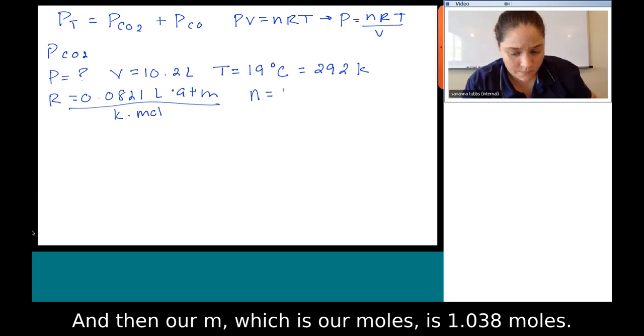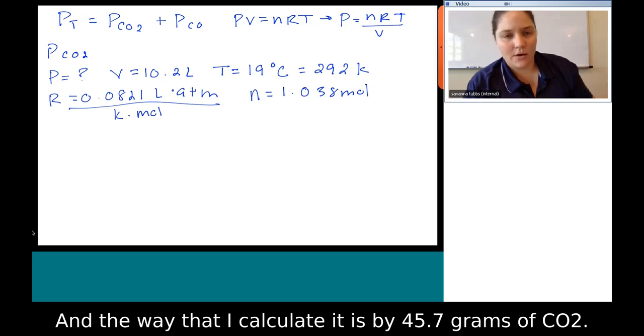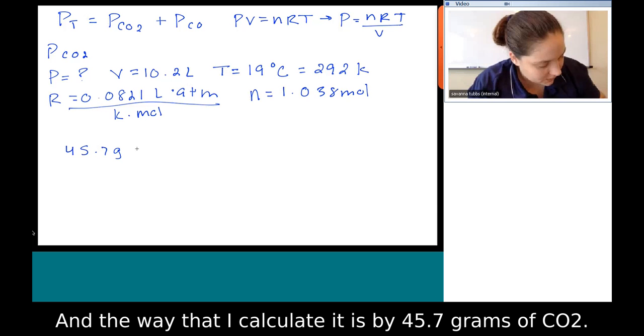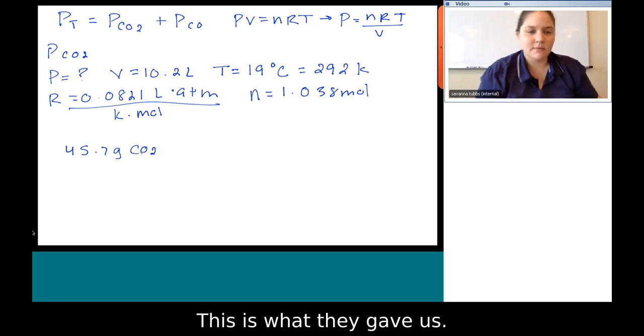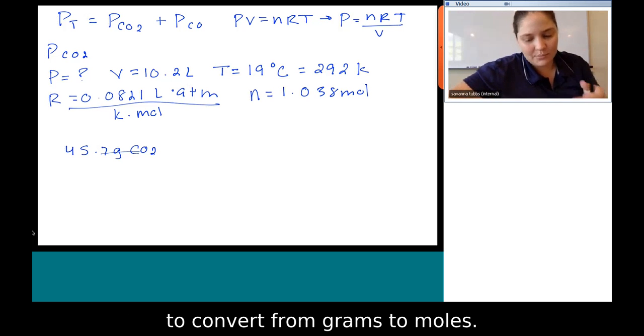And then our N, which is our moles, is 1.038 moles. This you have to calculate, and the way that I calculate it is by 45.7 grams of CO2. This is what they gave us. We're going to put it on a reaction table to convert from grams to moles.